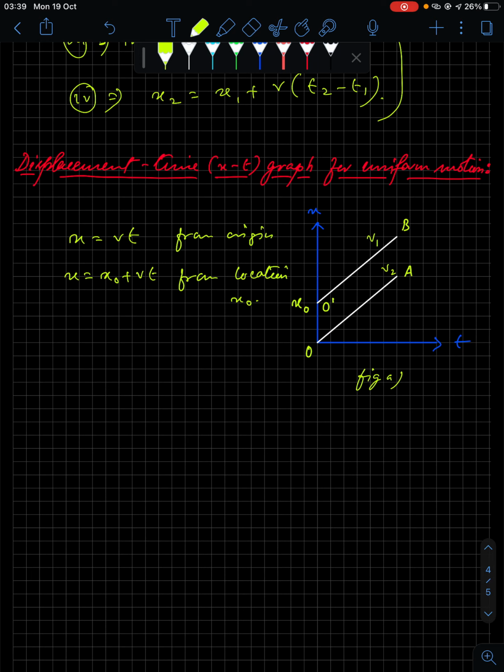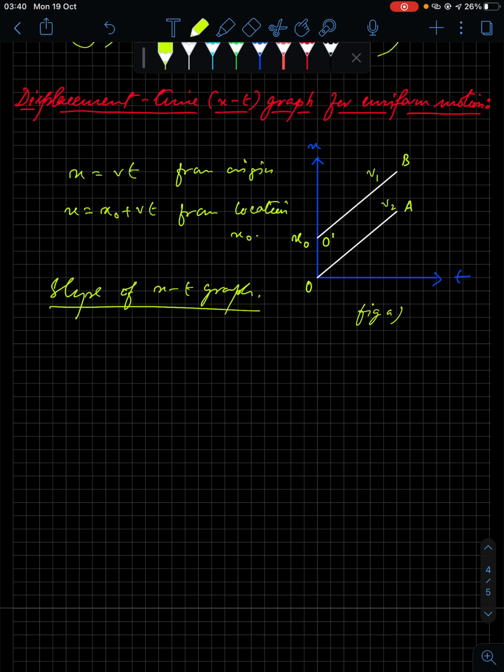Now you see slope. I hope you studied about slope in high school in coordinate geometry. So slope of the displacement time curve, the xt graph. Now, how do you write down slope? Slope is denoted by small m, and the measurement is determined by finding out the tangent of the angle.